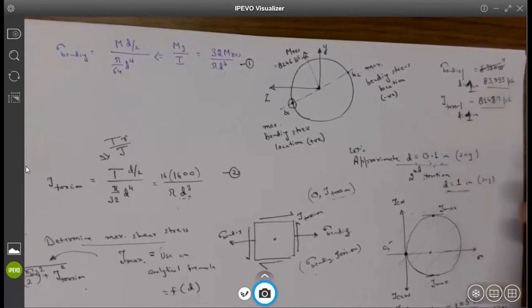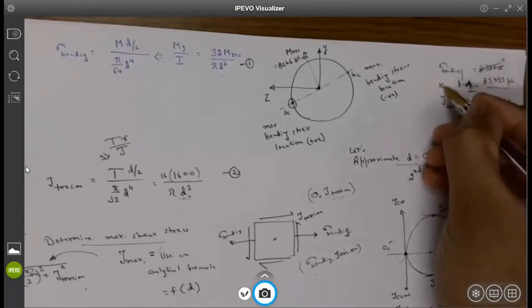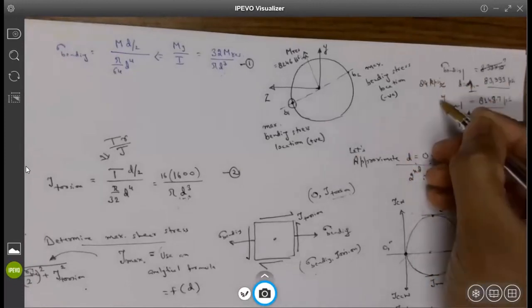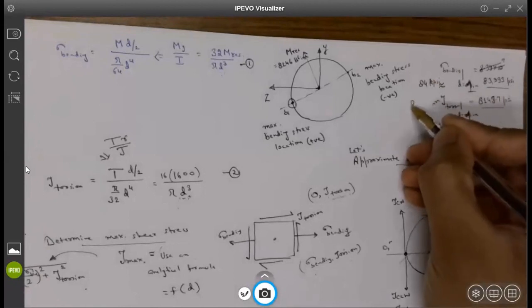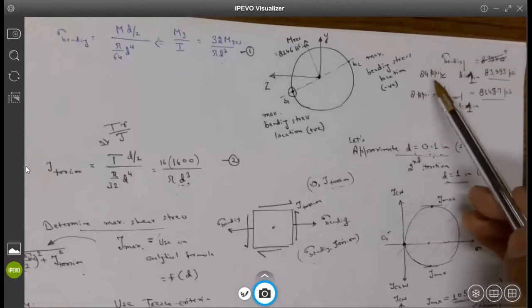Correct. Okay, so you got these two values. It is something like 84 kpsi around, kilopounds per square inch, and this is around 8. I'm just approximating here. We can do the appropriate numbers later.